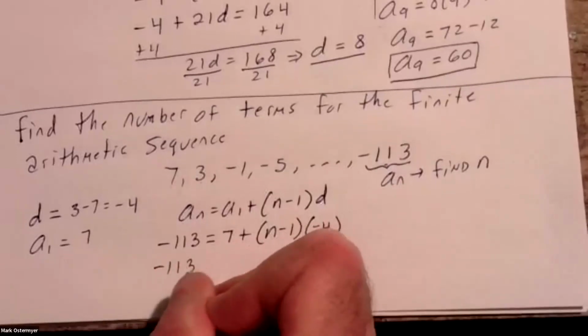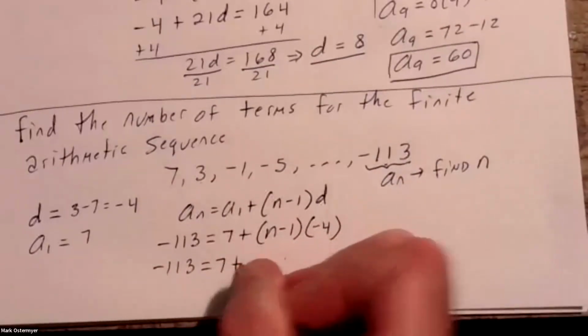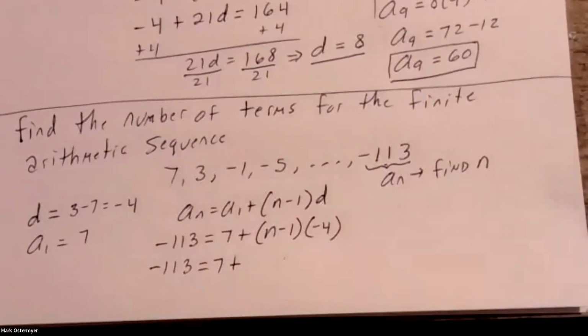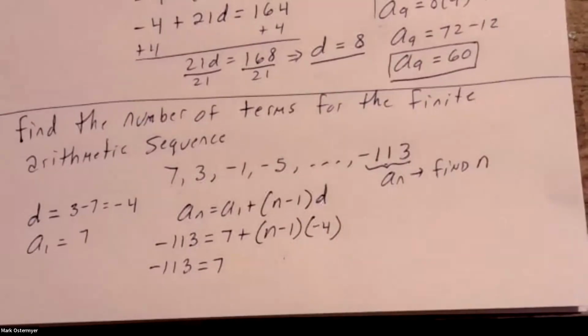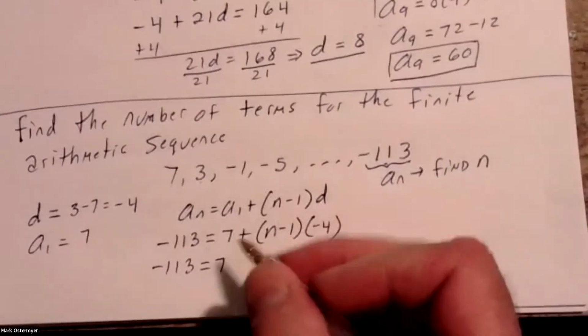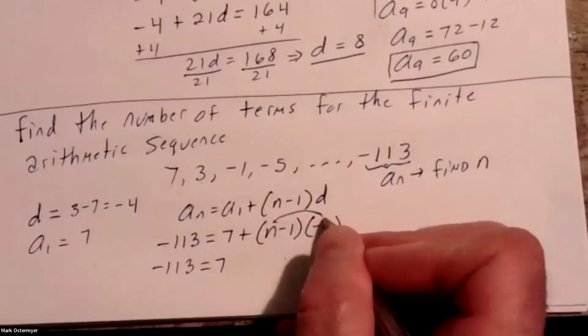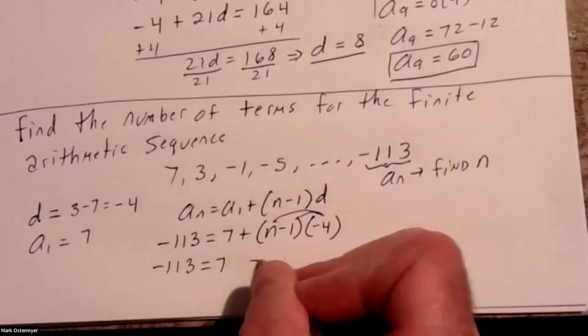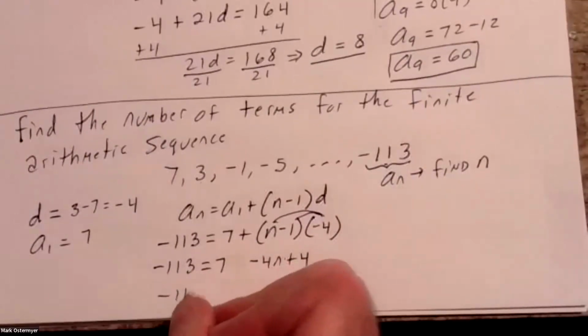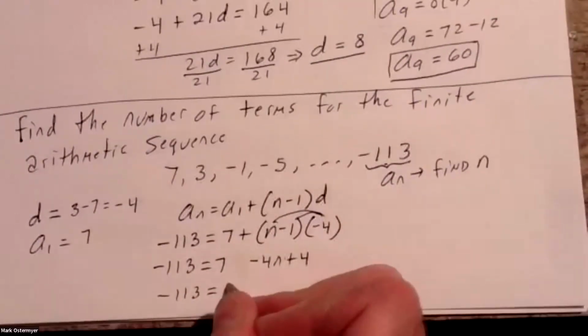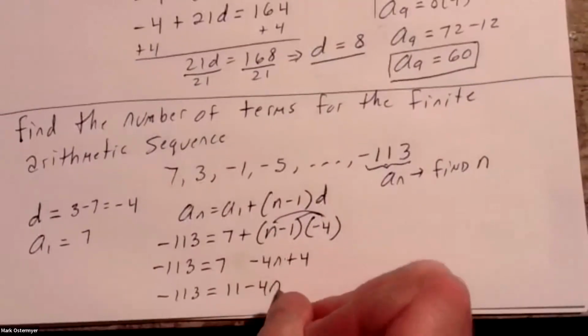So solving for n, distributing the -4 inside the parentheses here. This is going to give me -4n + 4. -113 is equal to 11 - 4n.